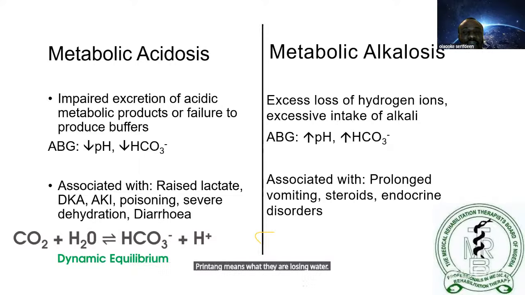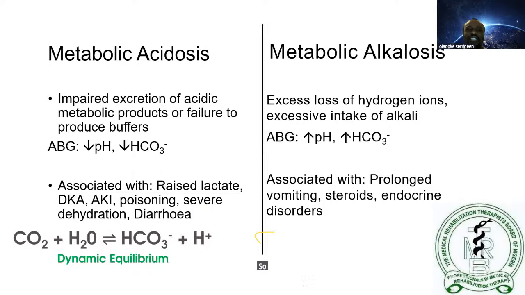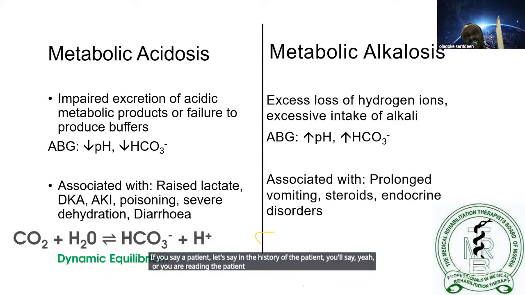If somebody has diarrhea, they are losing stool and all those kinds of things. So what are you losing? You are losing bicarb. If you are reading a patient's history and the patient has diarrhea, even before looking at their ABG you should have some clinical reason to think, yeah, they are likely to be acidotic, because they are losing bicarb.